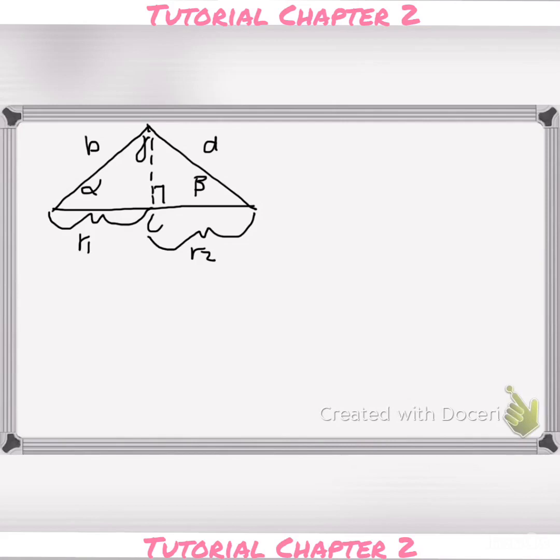Then it's easy to calculate, because R1 over B is the cosine of alpha, and R2 over A is the cosine of beta.